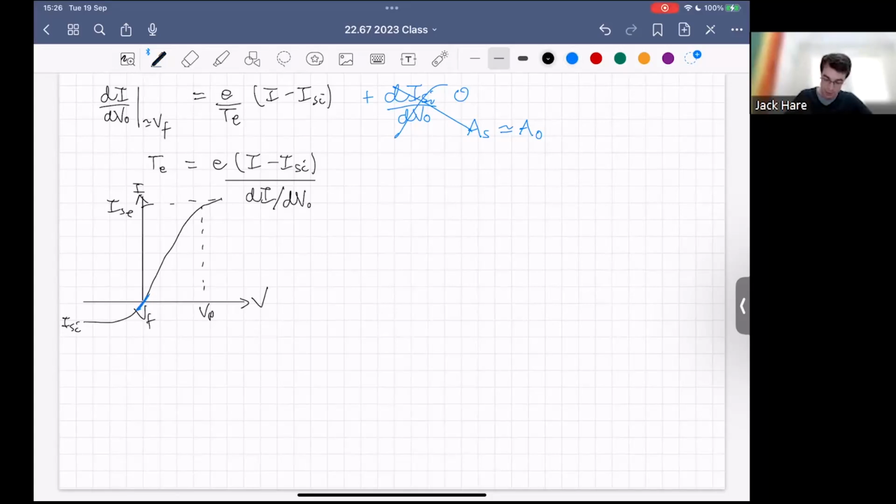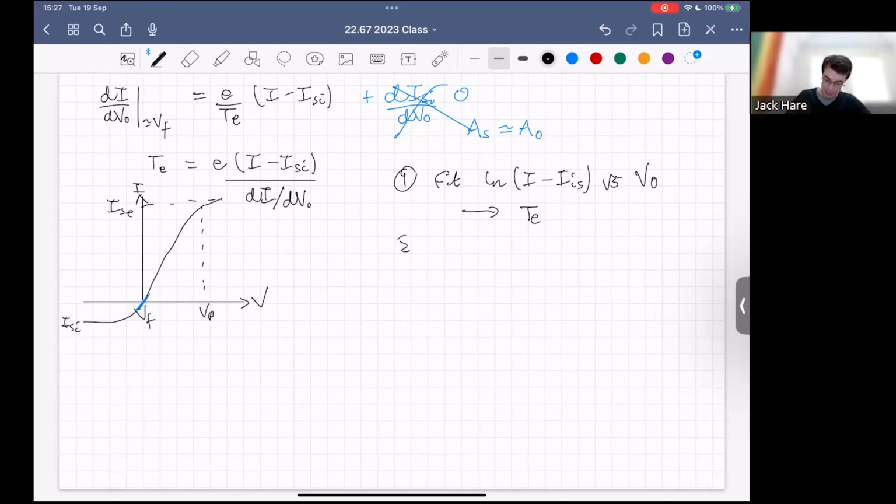And what we want to do is a two-step process where, first of all, we fit the natural logarithm of I minus I_IS versus V0, and that is going to give us the electron temperature. So you can probably just stare at the equation for the electron temperature and see where that comes from.